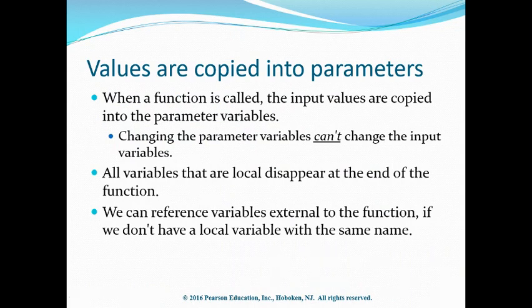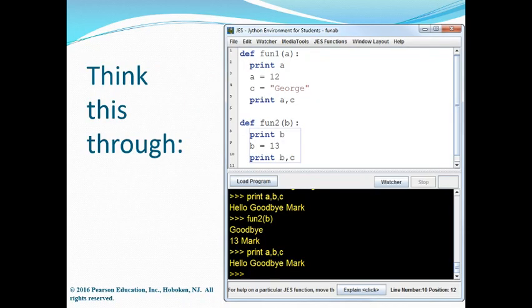Values are copied into parameters. When a function is called, the input values are copied into the parameter variables. Changing the parameter variables can't change the input variables. So this is saying that if we pass in something to function 2 right here, and then we say b equals 13, it's not actually changing the b here.